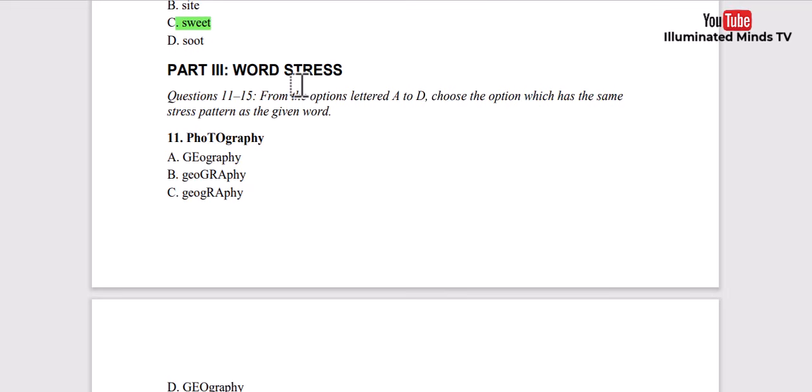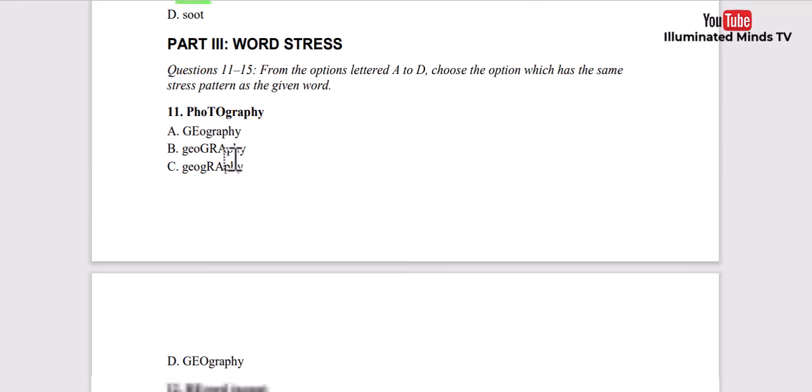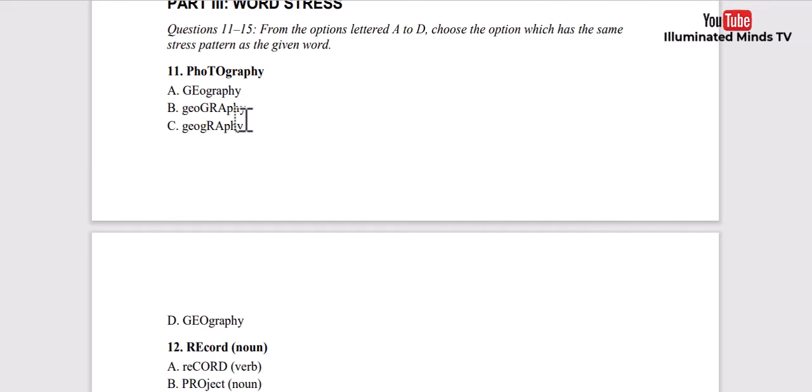So, the stress is on to. So, you have to search for another word that also has the second syllable as the stress pattern. And that word is what? Geography. This is the first part. This is the second part.